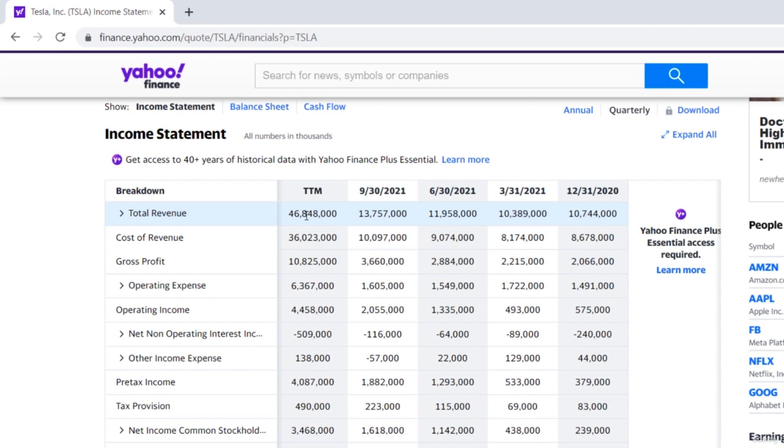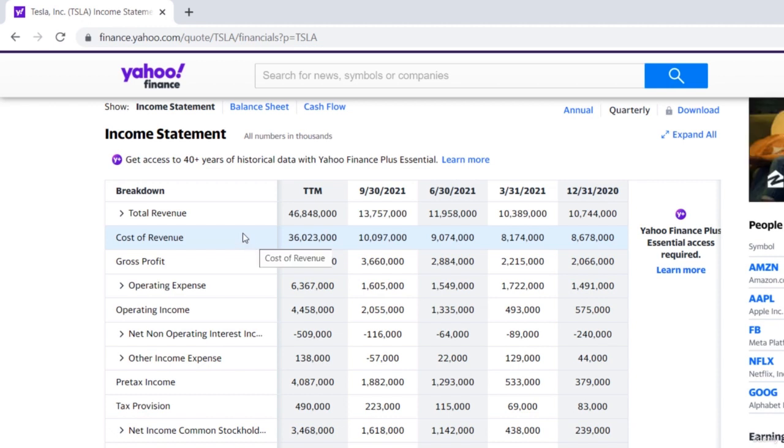Cost of revenue, well, you've got to pay the piper, as they say, right? So it costs money to make a car, right? And that's a variable cost. Those costs can go up and down as far as the variability of the costs of a car. Maybe you're buying tires that you're going to put on the car, and you buy those tires from Firestone or Goodrich or some tire manufacturer.